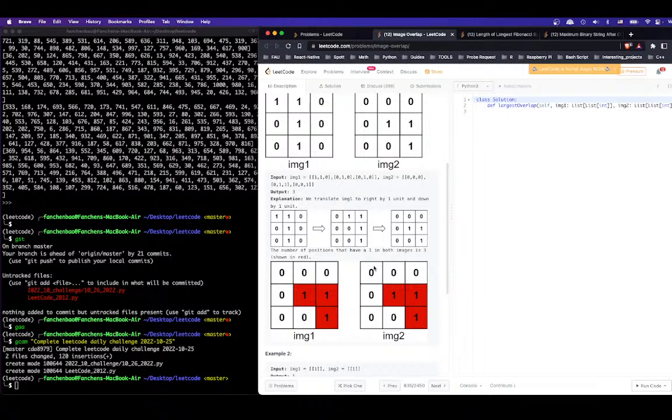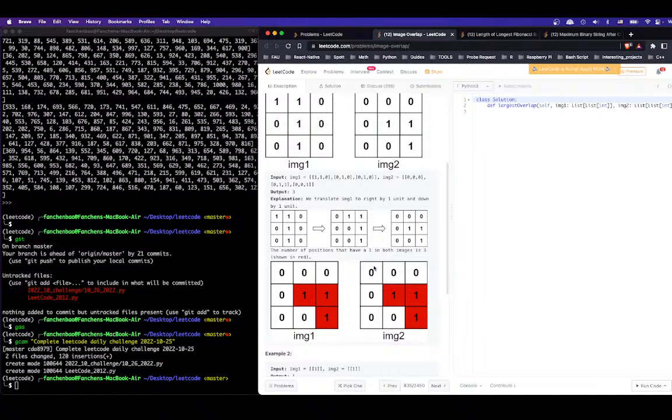So now we get the small, and now we get the big. What we want to know is the shape of the big, right? And then with the small, we also have a shape.